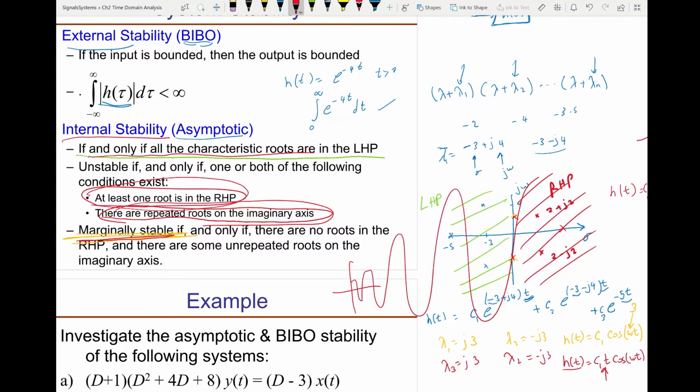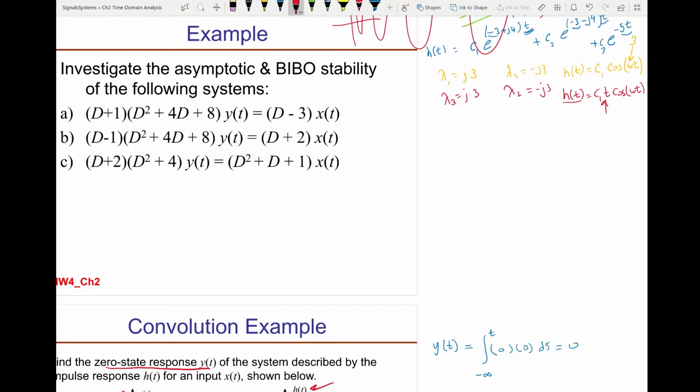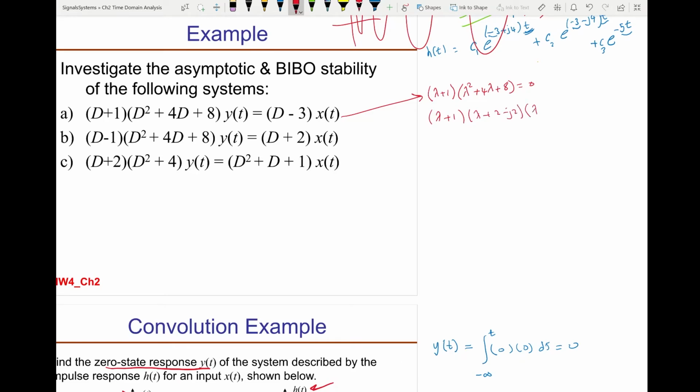So let's look at this example. We have a system and we want to determine its stability. So let's find the characteristic equation. For this one, it will be lambda plus 1 times lambda square plus 4 lambda plus 8 equals 0. And if you factor out these, it will be lambda plus 1 times lambda plus 2 minus j2 times lambda plus 2 plus j2 equals 0.